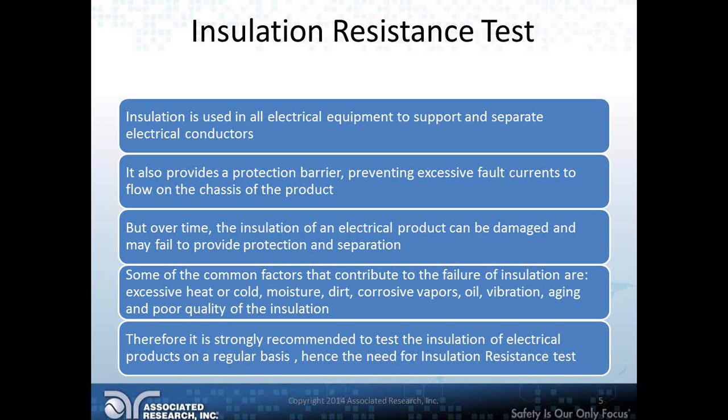Then the manufacturer can predict if the insulation needs to be repaired or replaced, or basically predict when the insulation is due to be replaced.